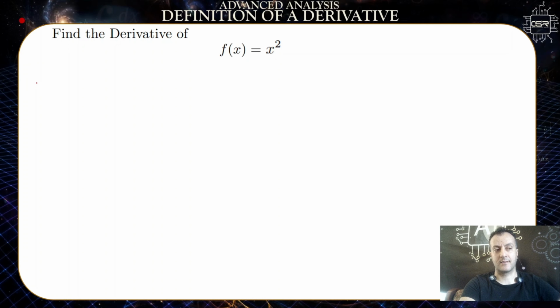As a first practice, find the derivative of f of x equals x squared, based on the theorem of derivation, which is the limit of f of x plus h minus f of x divided by h.